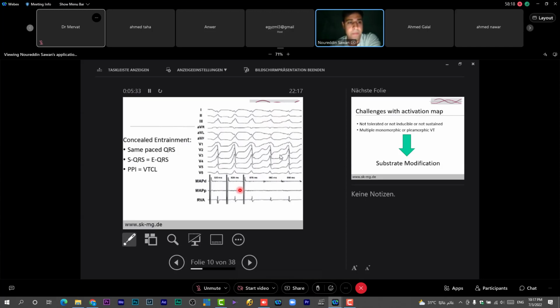This is one criterion. And if you measure from stimulus to QRS, it should be about the same as from the EGM to the QRS. And the post-pacing interval should also be about the same as the cycle length of the ventricular tachycardia.